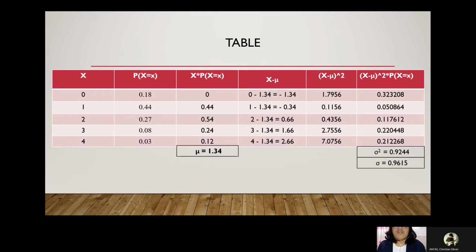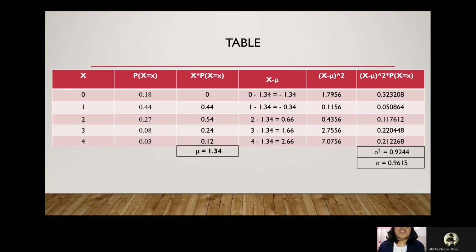First, we multiply the variable and the probability function. Once we've multiplied, the answers are 0, 0.44, 0.54, 0.24, and 0.12. Then we add them up just like we did earlier, and we get the mean, which is 1.34.